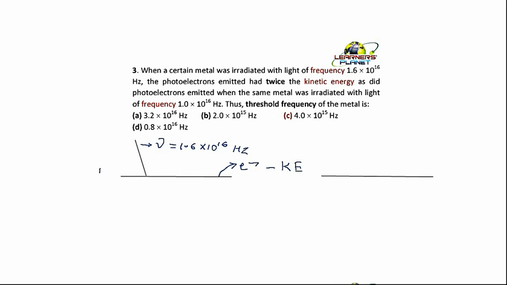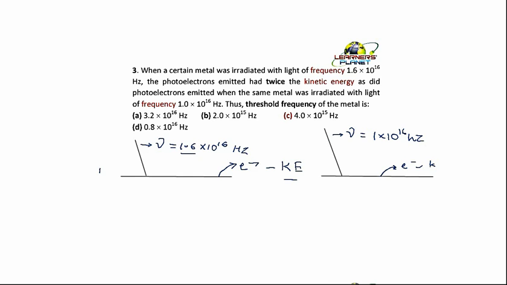And it is saying that the kinetic energy is double. Say the same metal is irradiated with a light of frequency nu is equal to 1 into 10 to the power 16 Hertz. Then again an electron is emitted and this has some kinetic energy.